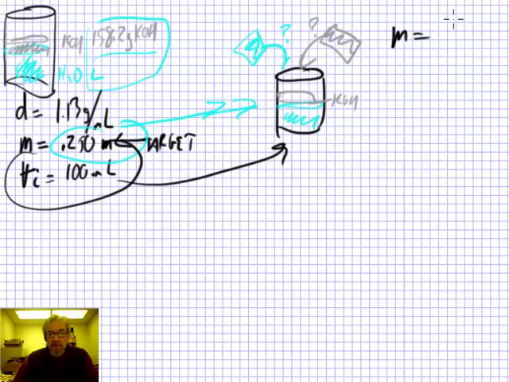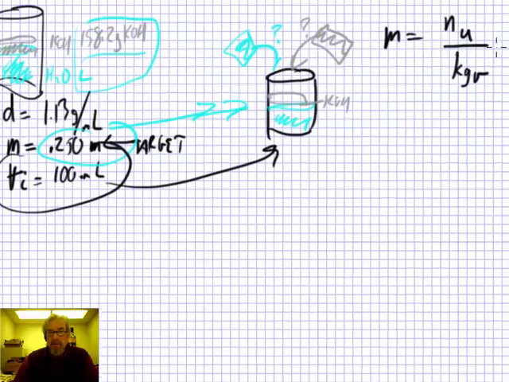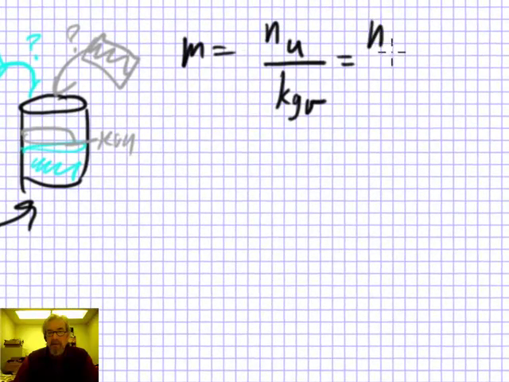Molality, remember, is number of moles of solute, I'm going to use U for solute, divided by the kilograms of solvent. So in this case, that means number of moles of KOH over kilograms of H2O. Let's find out how many moles of KOH are in there.